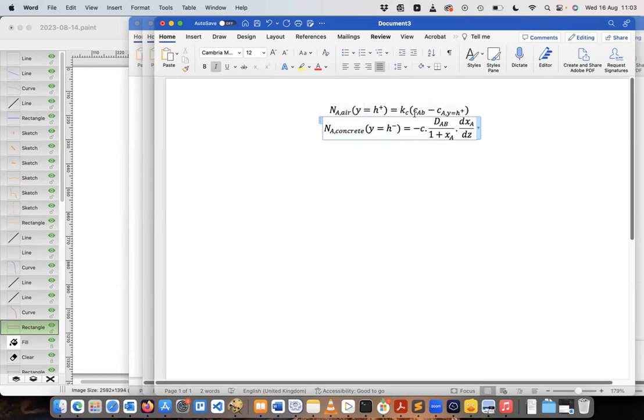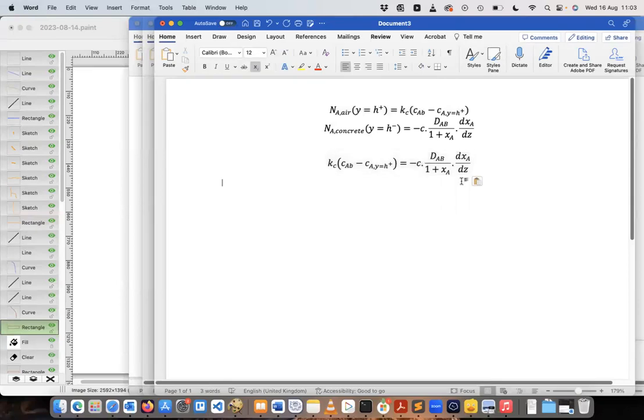And because that's equal to what's in the air, these two things are equal. So we can write that this applies at the surface of the concrete. On this side is the evaporation rate. Strictly speaking, or more generally speaking, this is just the flux of water through the air above the surface.